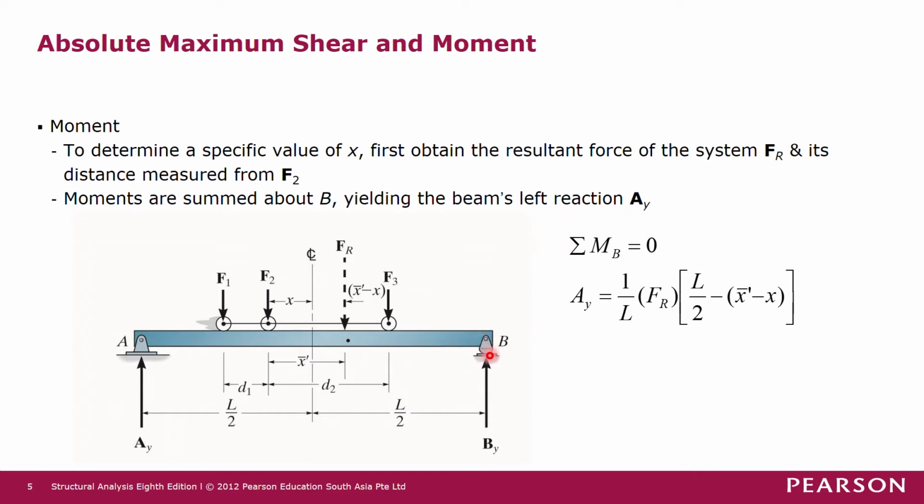When we sum moment at point B and take anti-clockwise moment as positive, we have negative AY times L. Technically speaking, we need to find the moment caused by each of these forces: F1 times this distance, F2 times this distance to point B, and F3 times this distance to point B. But in this case, we have already determined the location and magnitude of Fr.